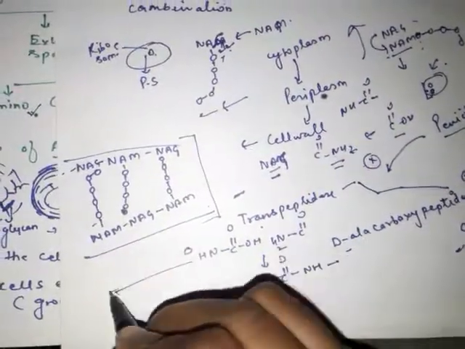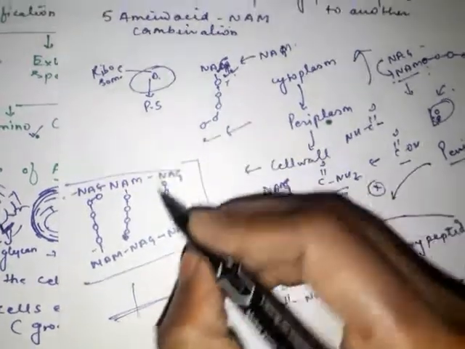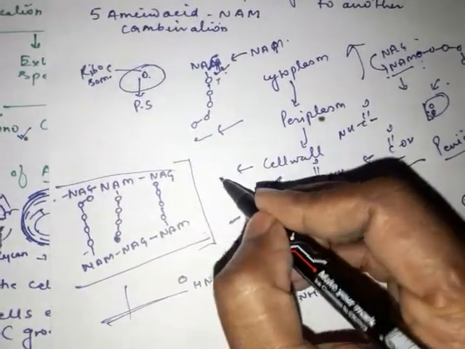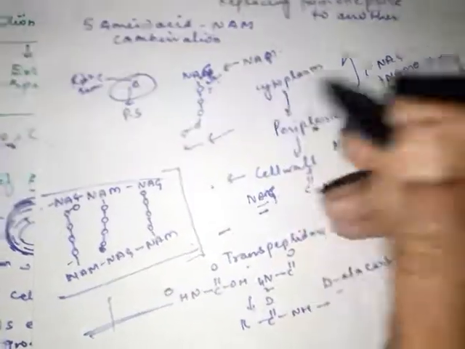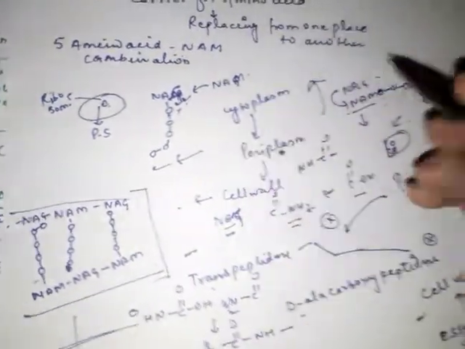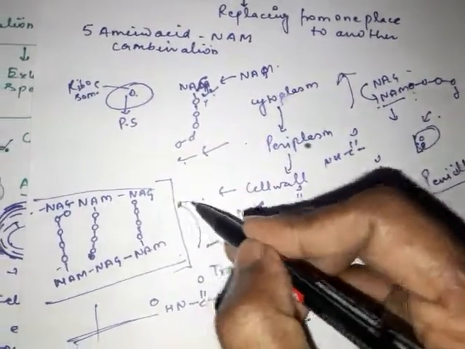wall. Like that, this is the cell wall, this is the cell membrane, and this is the periplasm. After this, these NAG and NAM come here and join to each other.